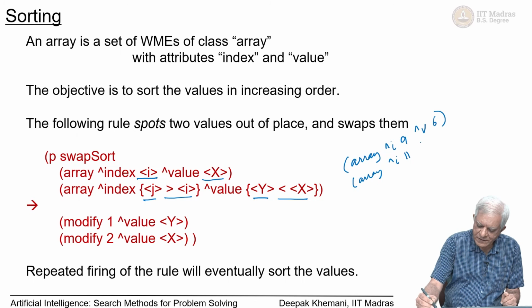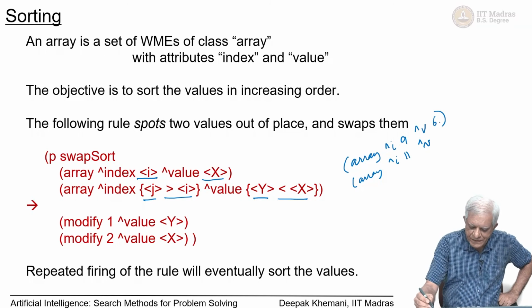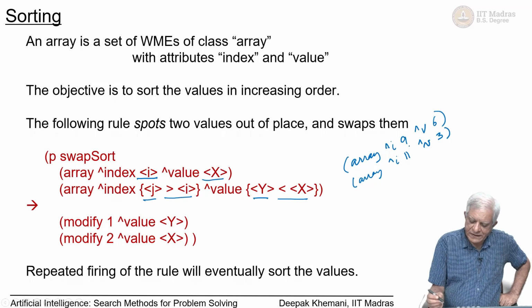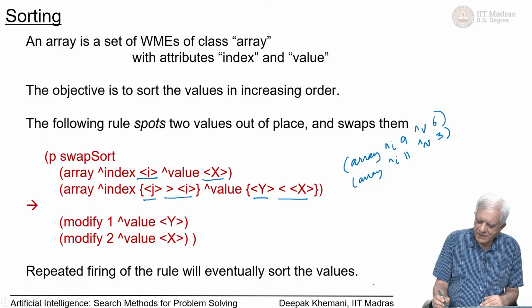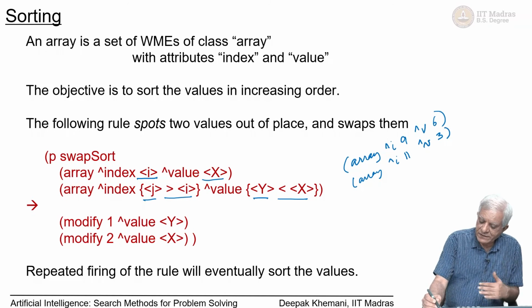So, let us say it is 11 and whose value is less than 6, which means it is 3, for example. So, if we have these two elements in the working memory, the 9th record has a value 6, the 11th record has a value 3, but we want to arrange them in increasing order.